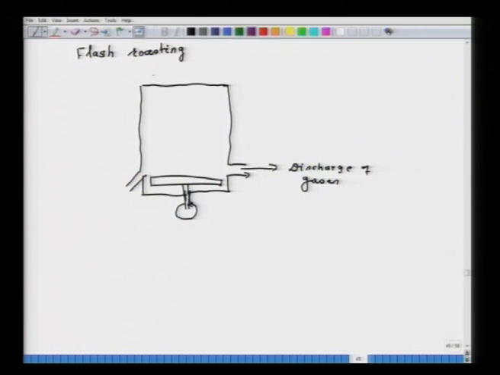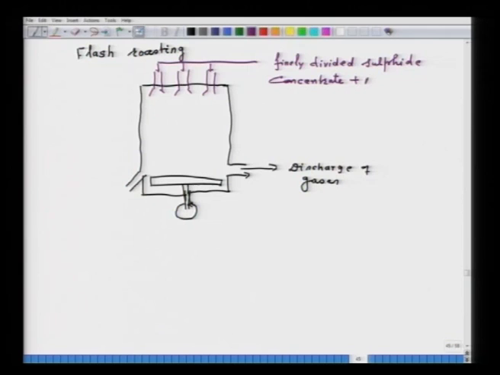And here the feed, which consists of concentrate and air, so here you have the finely divided sulphide concentrate plus air.